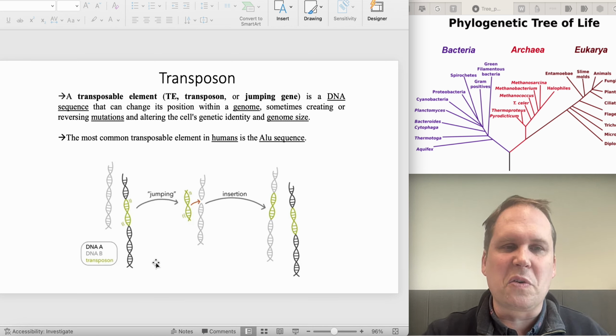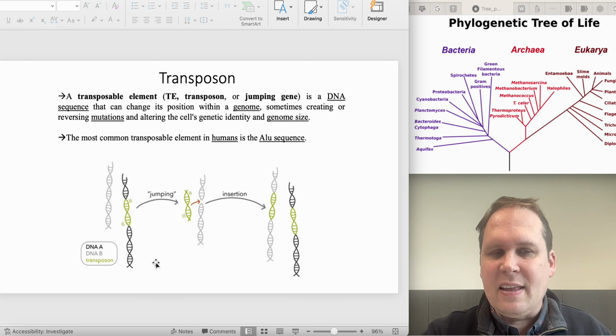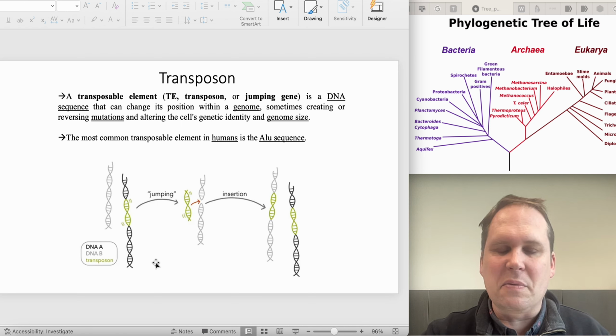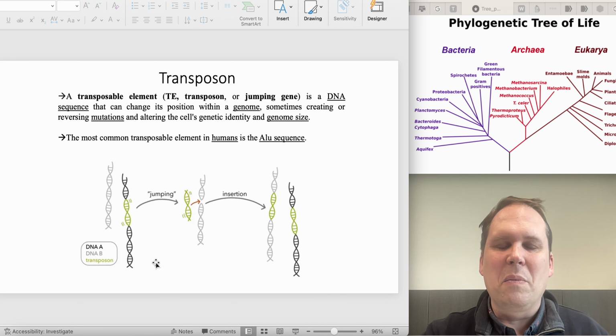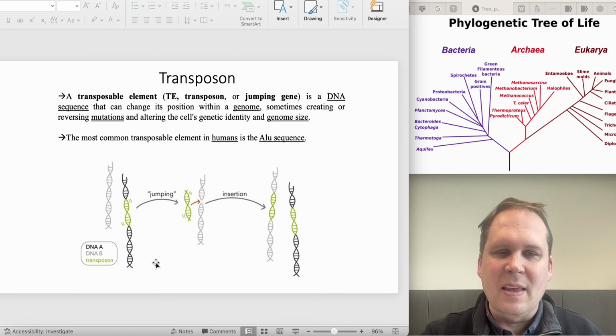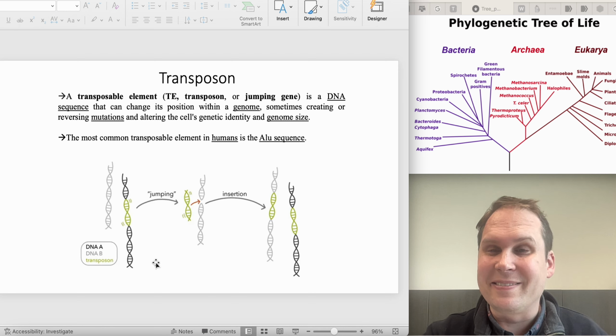Our genes are crawling with LINEs and SINEs and retrotransposons and full retrovirus genomes. We have far more of that sort of thing than we have of our own genes. So yeah, this stuff is going on all the time, and thankfully, it usually doesn't kill us.